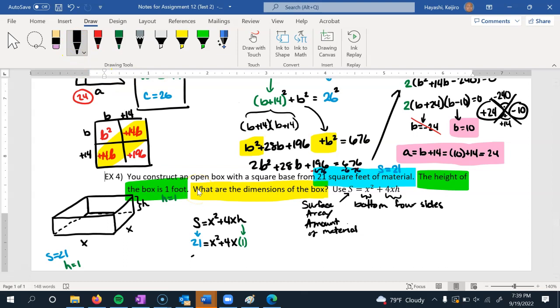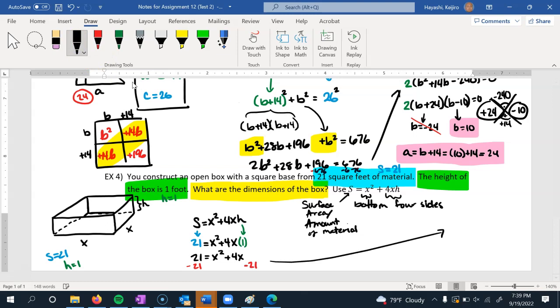So if I were to simplify this, and by simplify this I mean multiplying 4 times 1, what's 4 times 1? 4, so this is just 4x. 21 equals x squared plus 4x. Subtract 21 from both sides, make it a quadratic equation equal to 0 so that you can factor.